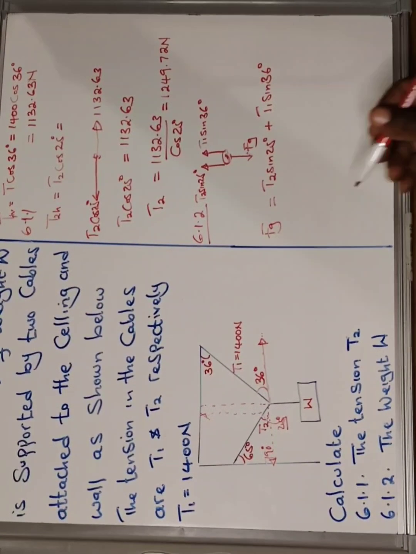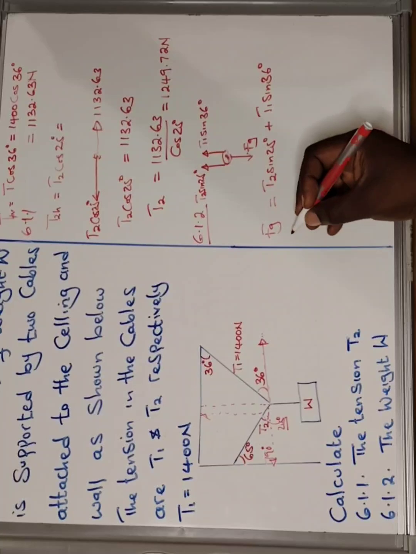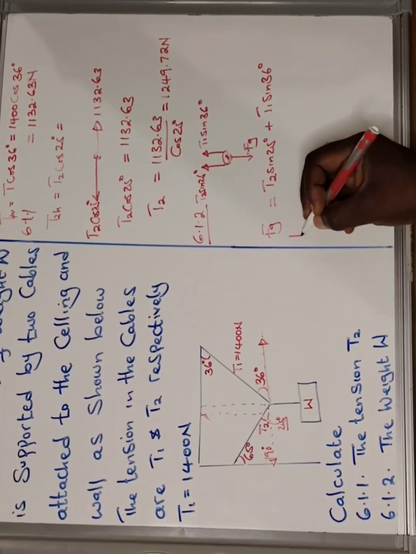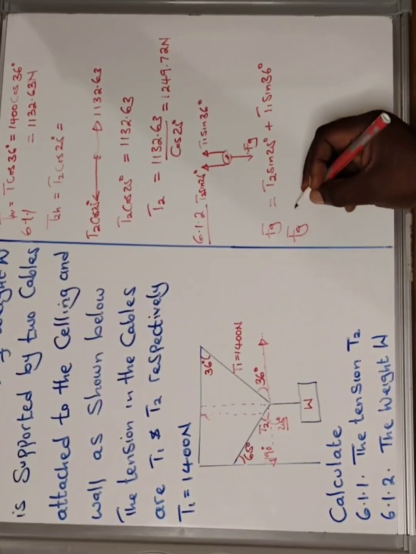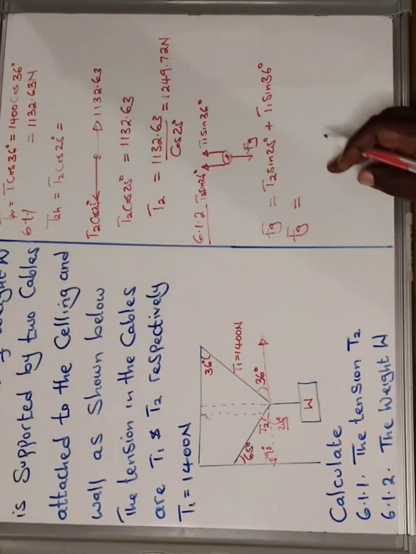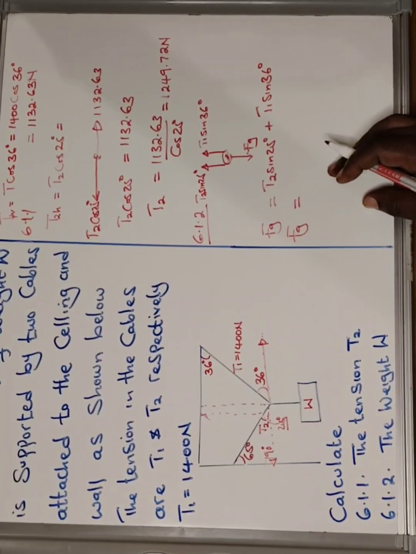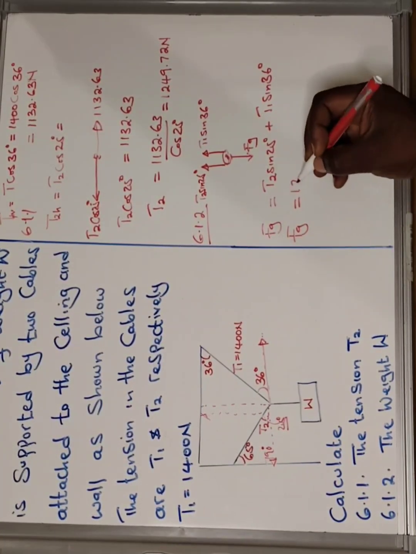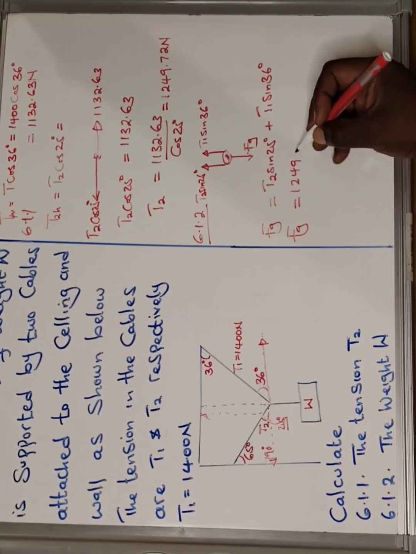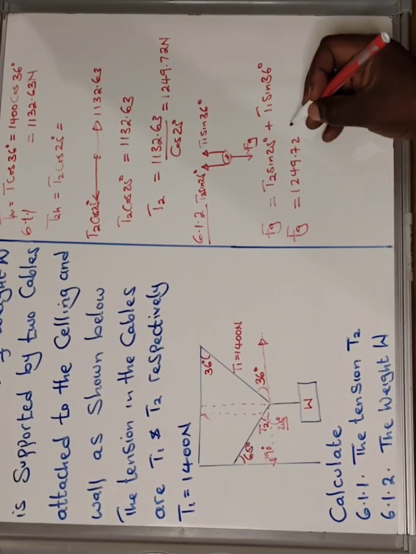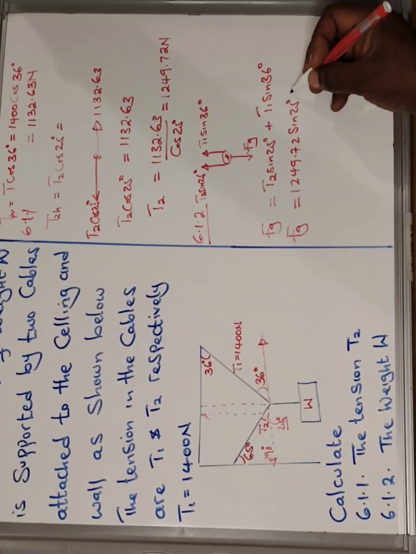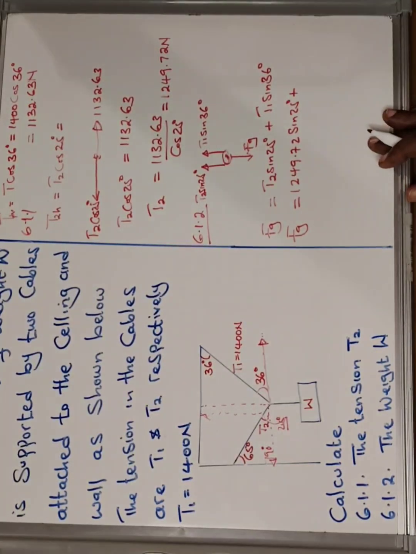Here we need to recall that Fg is the weight. So Fg is going to be equal to, so T2 is known. We found it already. We found it to be 1249.72 sine 25 degrees plus what?